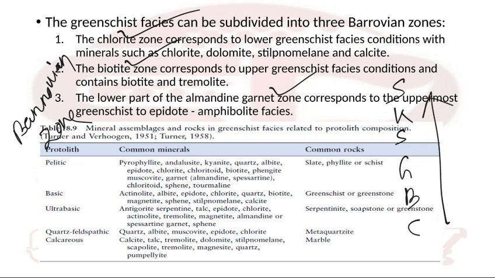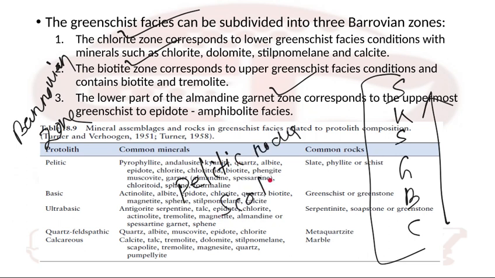What is Barrovian zone? Why is this Barrovian zone generated? When we study the progressive metamorphism of pelitic rocks, we'll see that the Barrovian zones are formed. So basically, the Barrovian zone is the classic example of metamorphism of pelitic rocks in the Scottish Highlands, that is in Scotland.